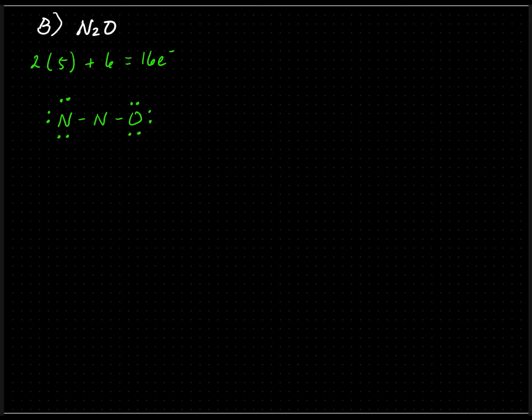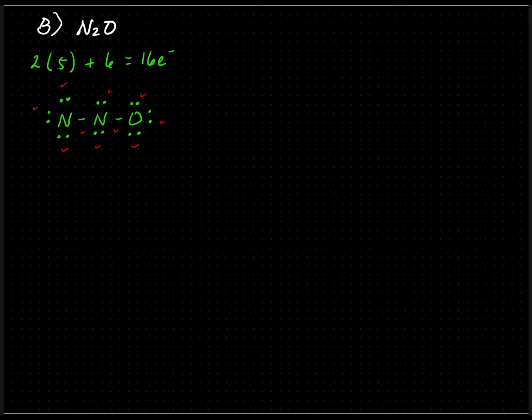The nitrogen in the middle has 2 bonds, which is 4 electrons, so it needs 2 more lone pairs, so it needs 2 pairs of electrons, or 4 electrons. So now we count. There's 2, 4, 6, 8, 10, 12, 14, 16, 18, 20.